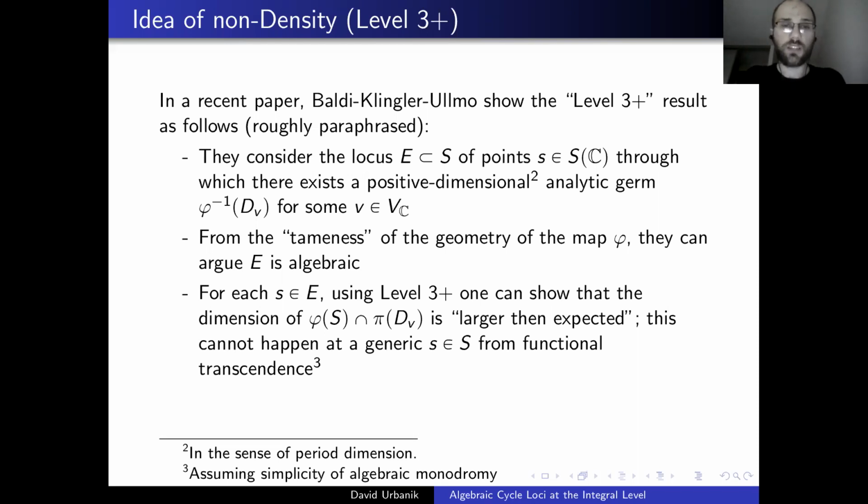Really, the only way that you get this large of an intersection with the period image is if that point S actually lies inside some locus that's defined by maybe a possibly higher order Hodge tensor in some power or something. But it really can't happen at a generic point of S. And that shows you that E is actually a proper subvariety.